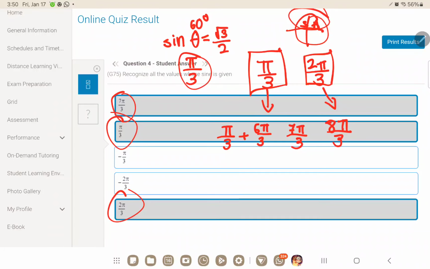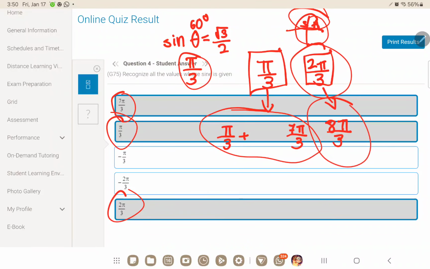Out of the options they gave us, these are the only 3 correct ones. And if it's sine, the angle will never be negative. Just saying. So these are all your correct answers. Again, in the exam, don't waste your time. Use your calculator. Now, moving on to the next question.